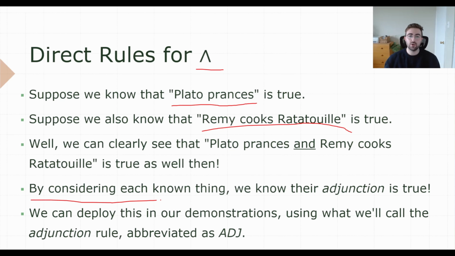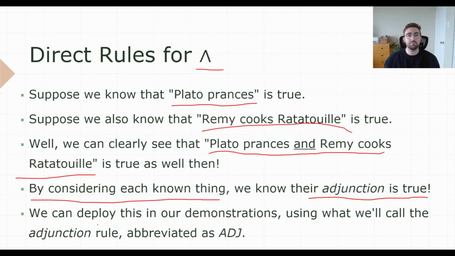By considering each known thing, then, we know that their adjunction is true. The case where we say, this is true and that is true. If we know two things, we know that their adjunction is also true, as we can see clearly with the case of Plato prancing and Remy cooking ratatouille.